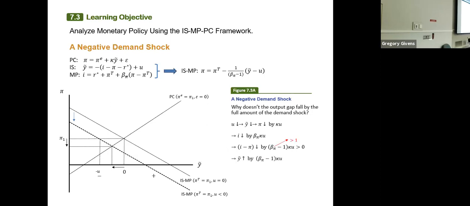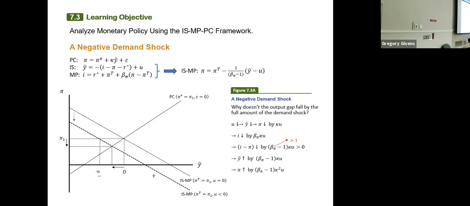The output gap is going to go up by the size of the drop in the real interest rate. And if the output gap goes up, what happens to inflation in the Phillips curve? It goes up by kappa times the change in the output gap.